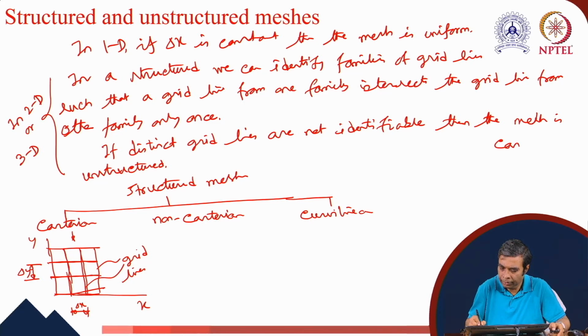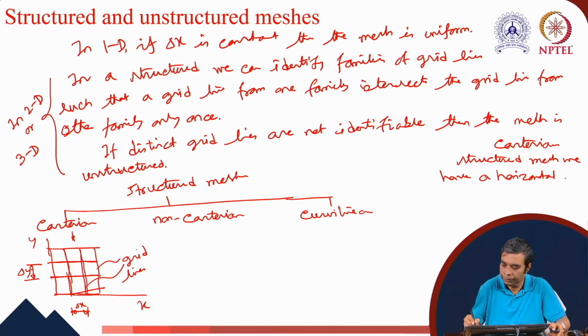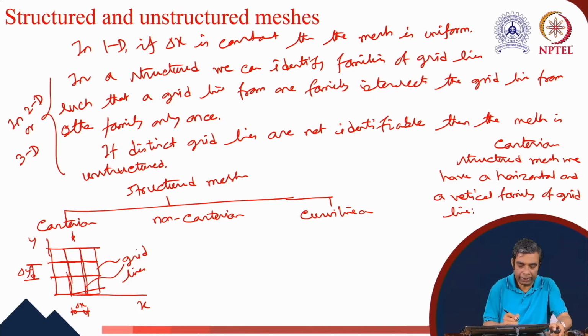So in a Cartesian structured mesh, we have a horizontal family of grid lines and a vertical family of grid lines. Let us go back to the sketch.